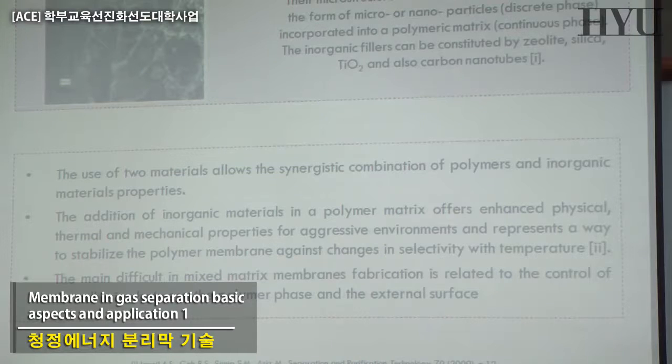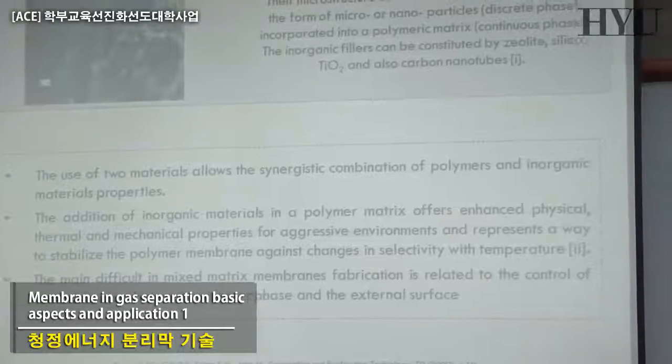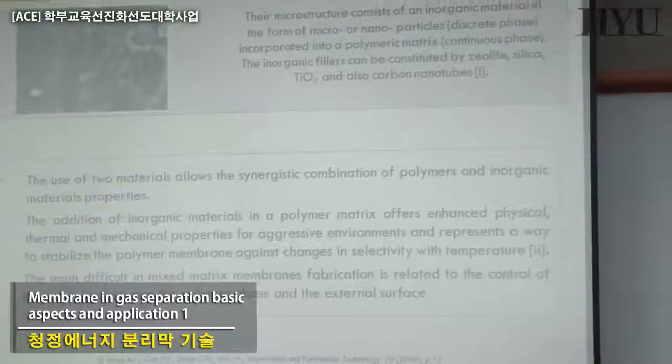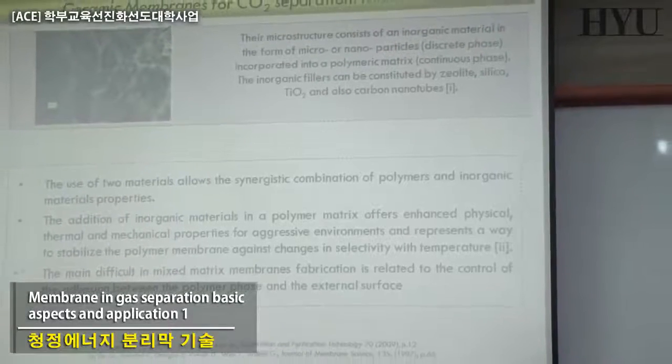When you fly today in some plane, or when you drive your car, there are a lot of polymers. But all the polymers in the car and in the plane are not just polymers, they are composite materials in which the polymer is combined with some carbon nanotubes or carbon fibers or other material, just to improve mechanical properties, in this case no selectivity, etc., but mechanical properties significantly.